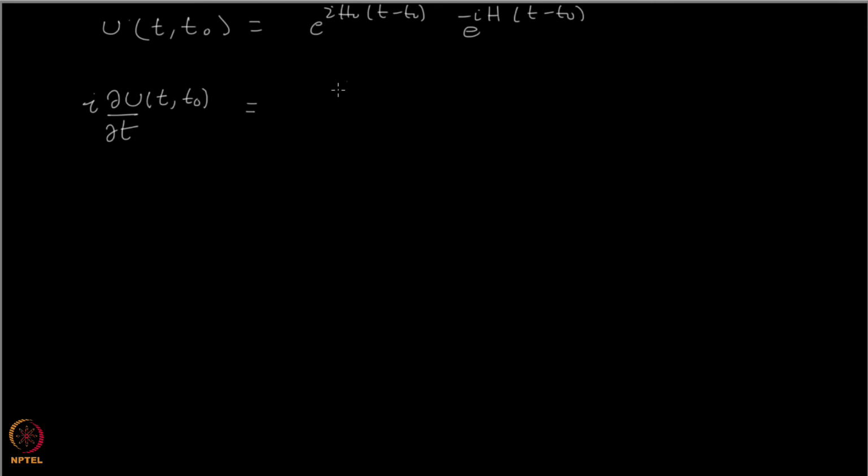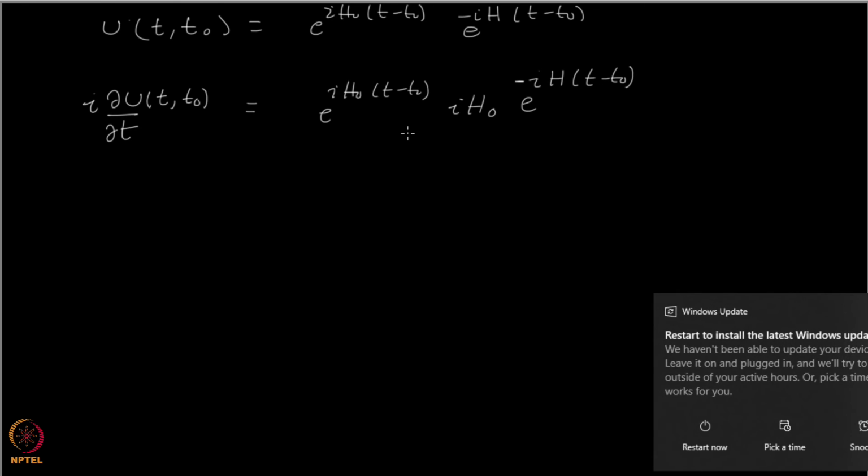So when I take a derivative here, it will give e to the iH0(t - t0) times iH0. So I am differentiating this one, I get this H0. Now this H0 you can put that side or this side, doesn't matter, but it has to be before this vector, okay, because they do not commute.